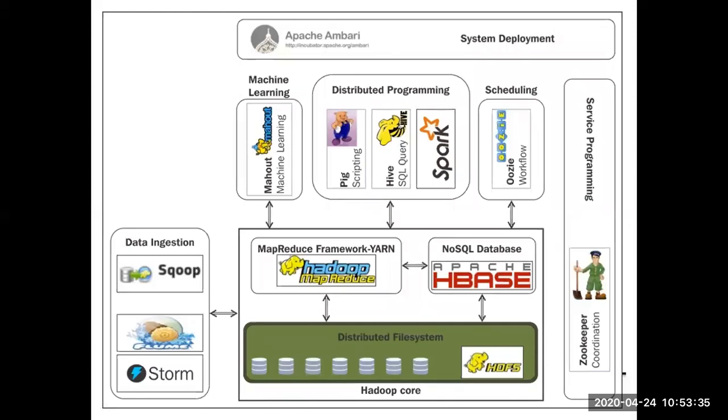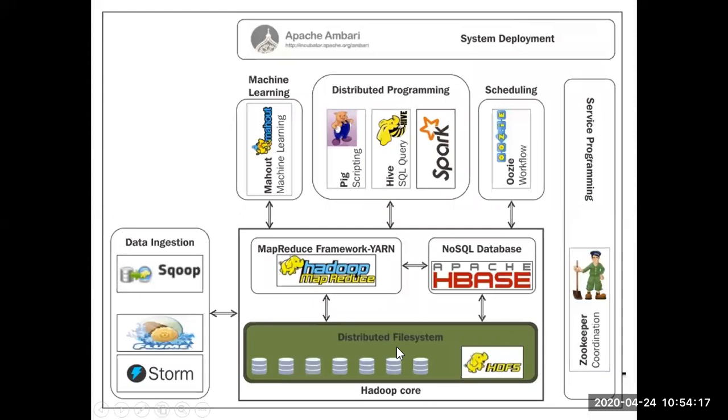Based on this, the other technologies, maybe Storm, Sqoop, HBase, MapReduce, Yarn, Pig, Hive, Spark, Oozie, Mahout, Zookeeper, whatever it is, everything is totally based on the Hadoop core component, the distributed file system. That's very important.